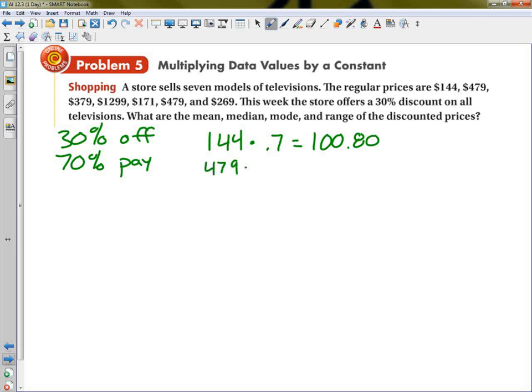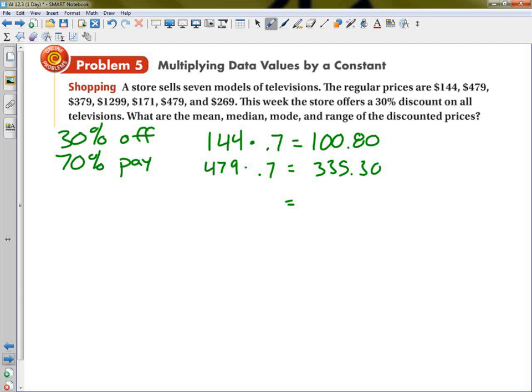479 times 0.7 is 335.30. And the rest of them, I'm not going to write out, but we'll write down the answers for each one. So the next one was 379.